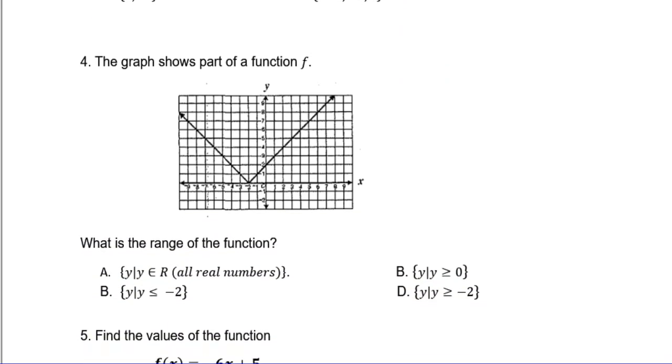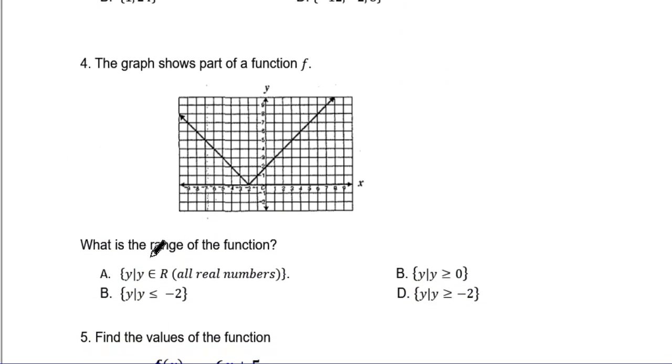The graph of the function is shown. What is the range? All right, so again, range is on the y-axis. On the y-axis it's starting at 0, not negative 2, because negative 2 is on the x-axis, but on the y-axis it's at 0 and it's going up to positive infinity. Which means that y is greater than or equal to 0.